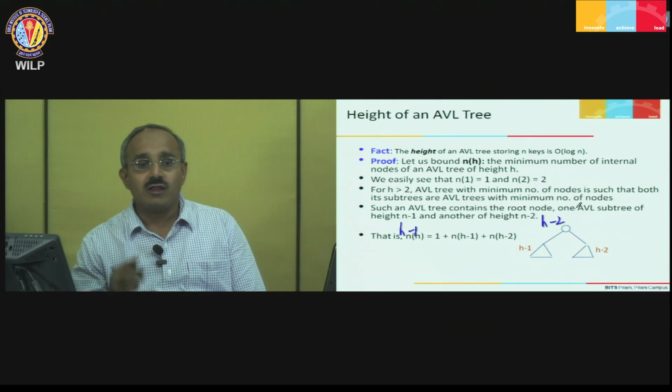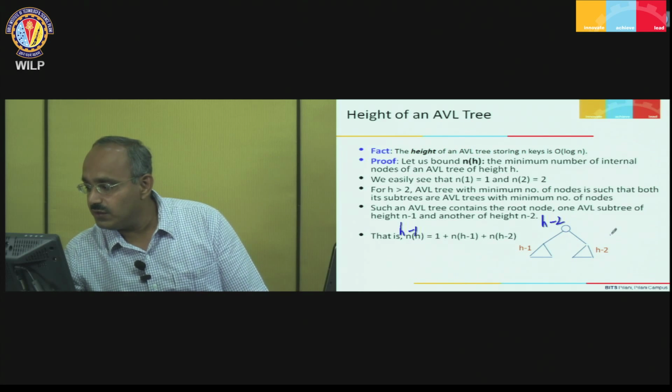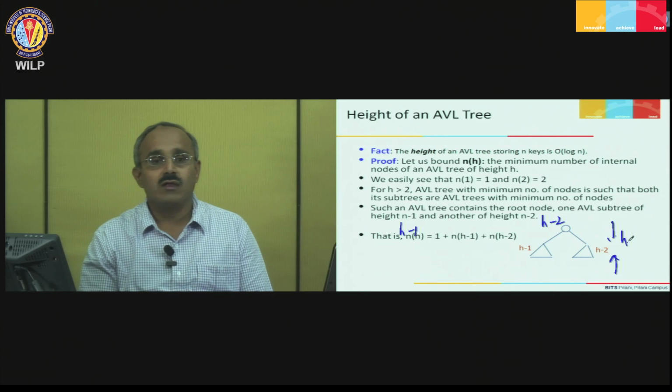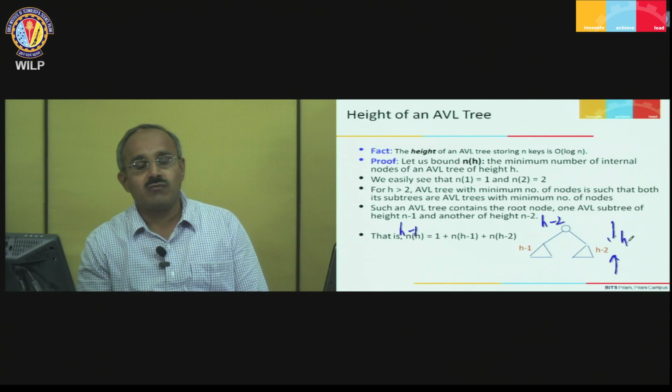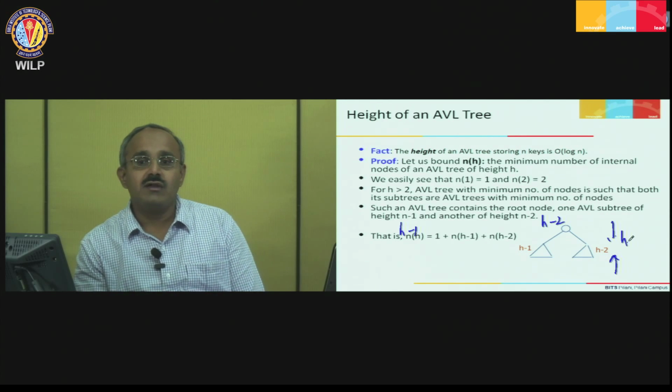So, we are looking at an AVL tree of height h. If I look at this AVL tree, this height is going to be h, and if it has to have the minimum number of nodes, then the subtrees should have the minimum number of nodes, and that means one should have height h minus 1 and the other should have height h minus 2.